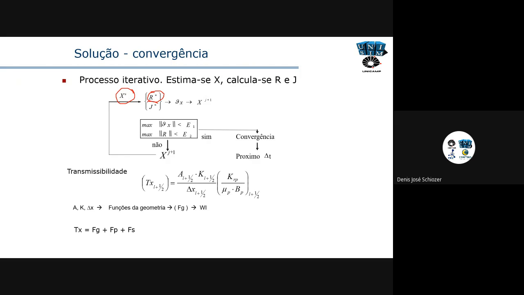If they are not 0, I have to calculate the derivatives. Once I calculate the derivatives, I calculate the pressure and saturations of the next iteration. Once I calculate the next iteration, I check if I have convergence. If I have convergence, then I will go to the next time step. If I don't have convergence, I have to go back here and solve for another iteration until I reach convergence.